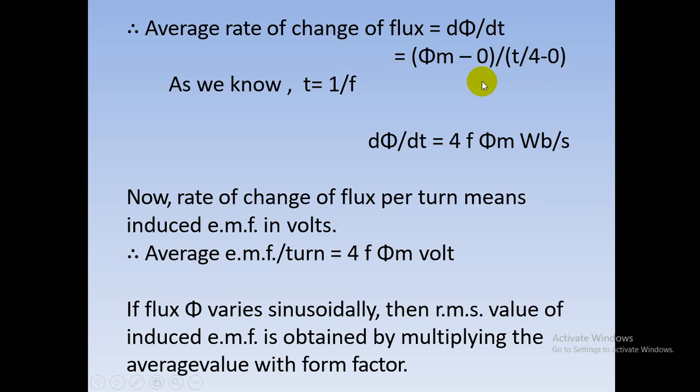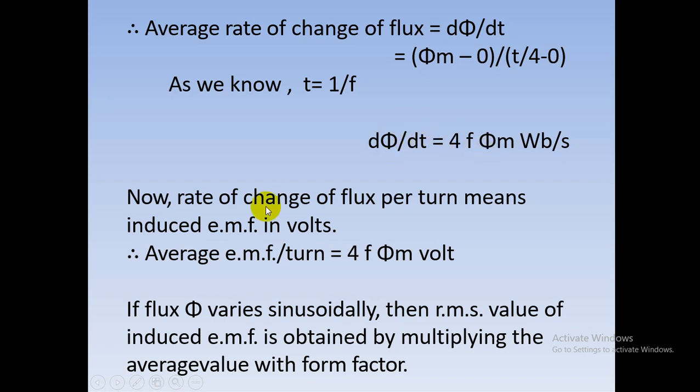As we know, T equals 1 by f. From that we get 4f phi m. The unit is Weber per second, as flux is in Weber and time period is in seconds.